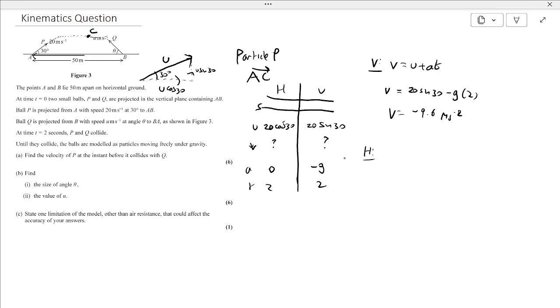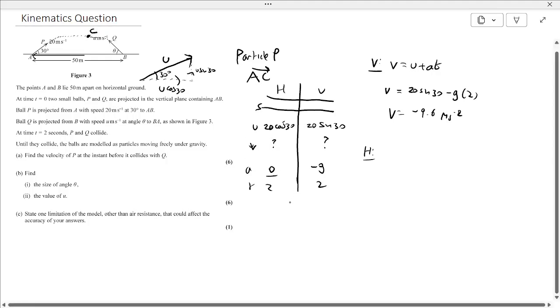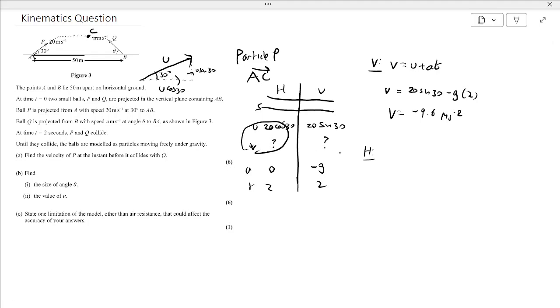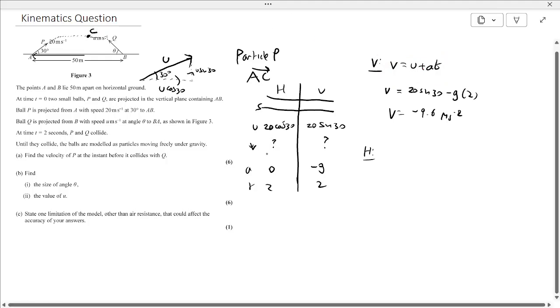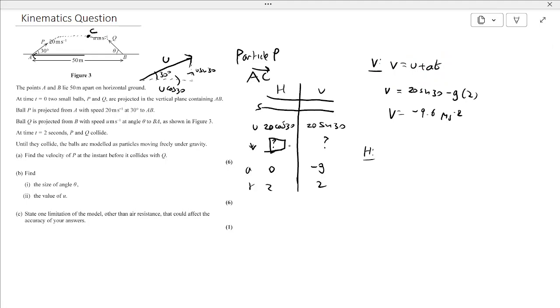Horizontally, you can just write it. Because A is 0, V is just U. They're the same. If you did V equals U plus AT with A equals 0, hope you can see this equation here, right? When A is 0, you do just get V equals U. But you can always just use this fact in general: the horizontal final velocity will always be the horizontal initial velocity.